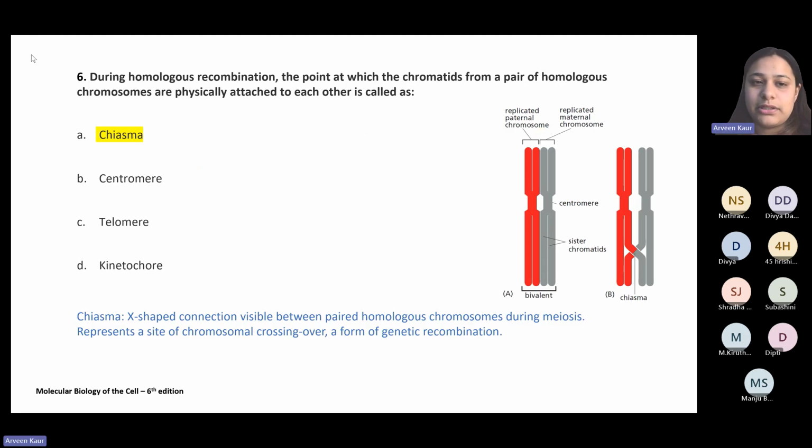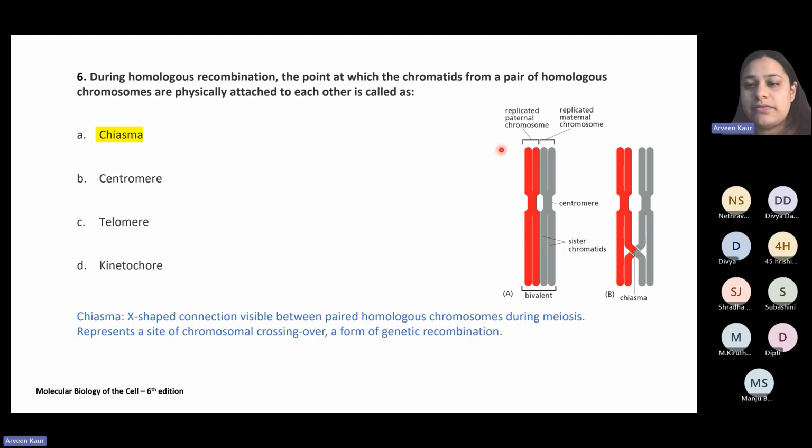So over here, for example, we have a representation of the chiasma. First, let us go through this definition. Chiasma is an X-shaped connection between paired homologous chromosomes during meiosis. It represents a site of chromosomal crossing over, a form of genetic recombination.